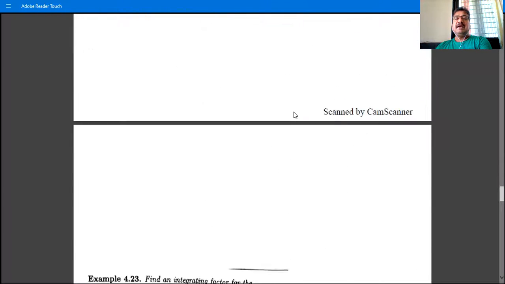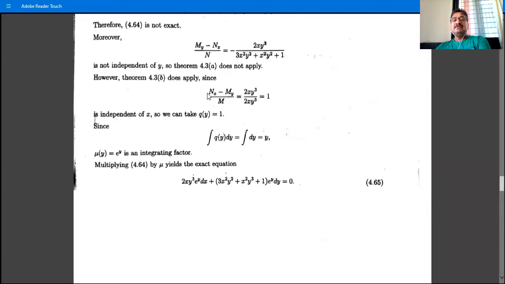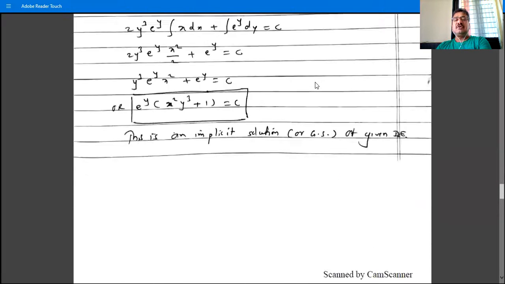We denote this ratio, 5 by 2, by f(x). If we consider (N_x minus M_y) divided by M, then we denote it by f(y), that is a function of y. But if we find (M_y minus N_x) divided by N, then we denote it by f(x), if it is a function of x alone.